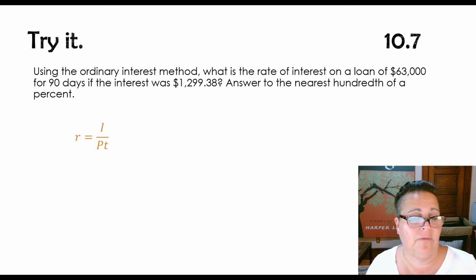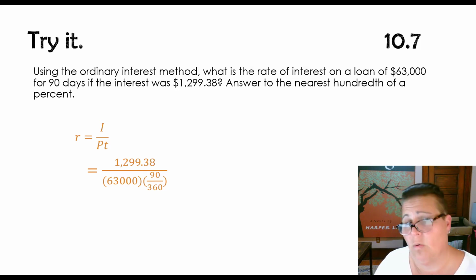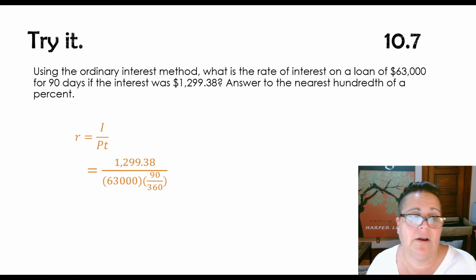So we have from the formula R is equal to I over PT. Our interest is $1,299.38. Our principal is the amount of the initial loan, which is $63,000. Our time is 90 days, and I know it's out of 360 because this time they said ordinary. Again, the O in ordinary is the 0 on the end of 360.